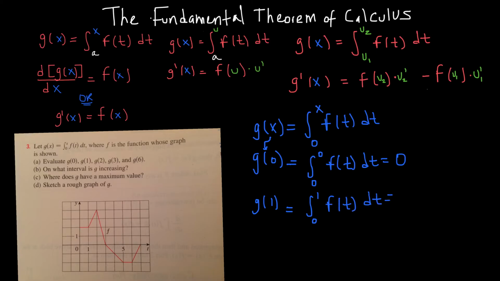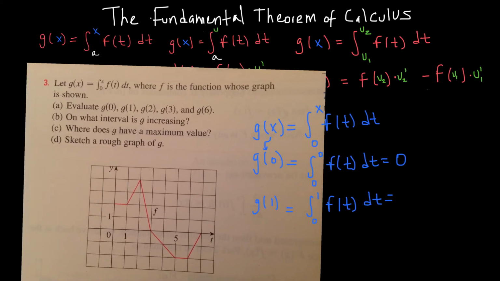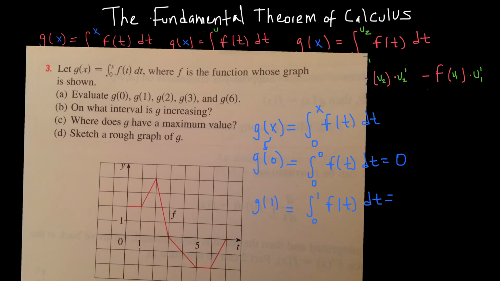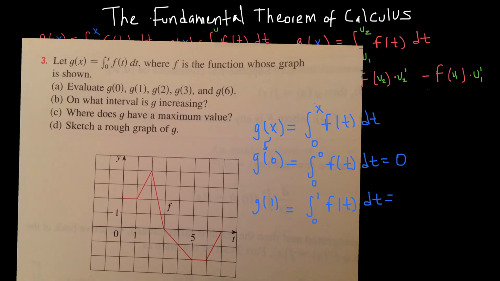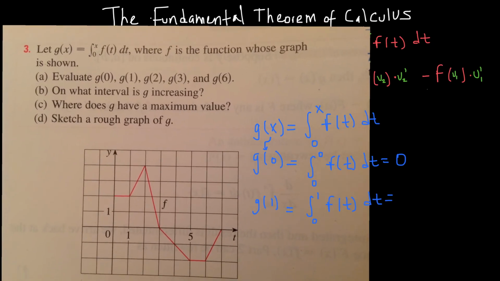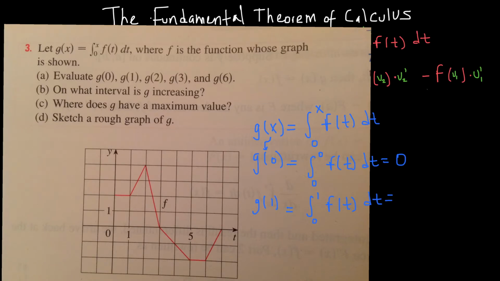And what would that equal? Well, let's see. I think I can make this a little larger. Oh, yes, I can make it a little larger. Okay, that's good enough. So the integral from 0 to 1 is telling me get the area from 0 to 1.